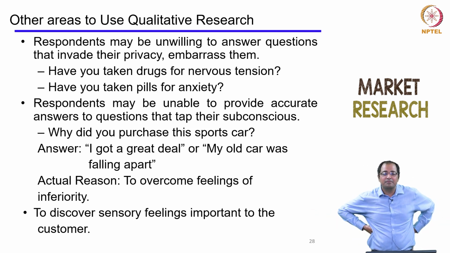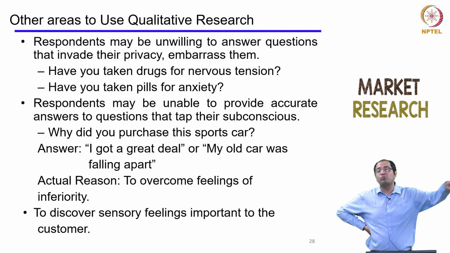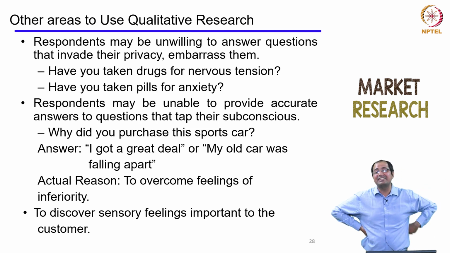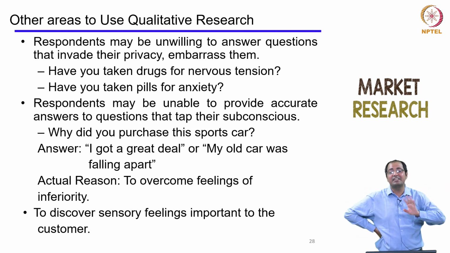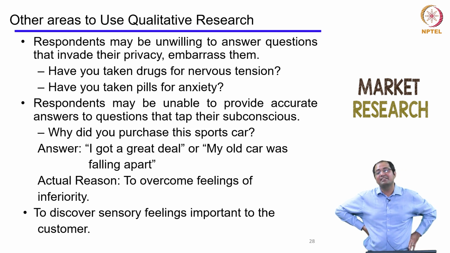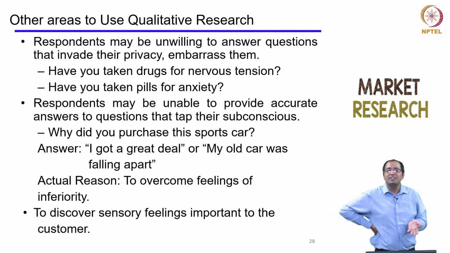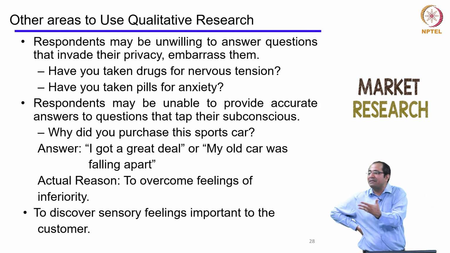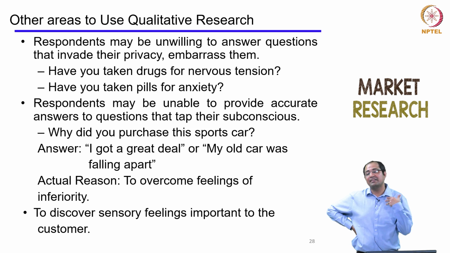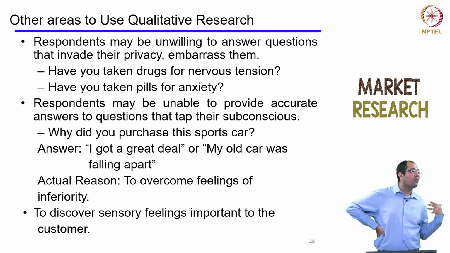Or nobody will say I wanted to impress my secretary. Everybody will write that I bought this sports car because I was getting a good deal. So that's what happens in questionnaires. People can hide the real information that you will get out in the qualitative research.